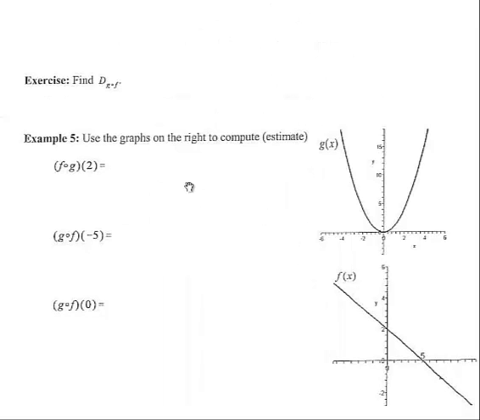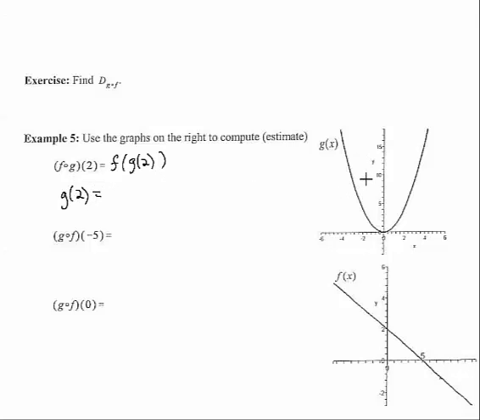Okay, so our last example of this section, example 5, we're going to use the graphs instead to compute the composition outputs. Okay, so in this case we have f on the outside and 2 goes into the g, so g of 2 is inside of f. Well, what is g of 2?